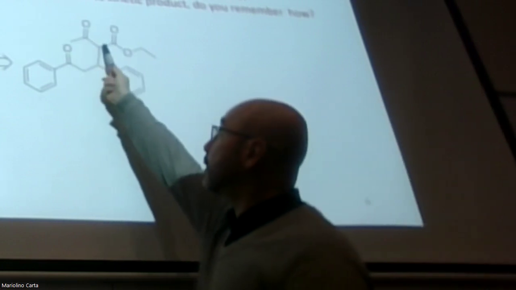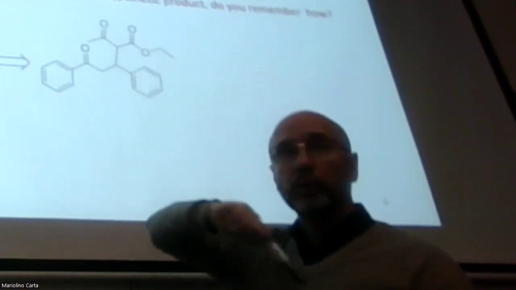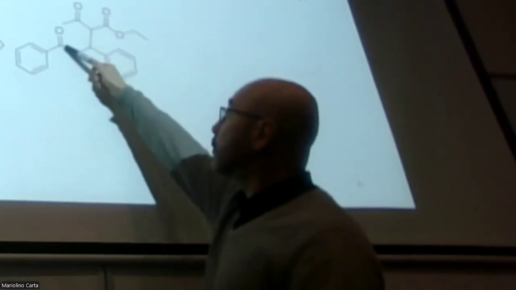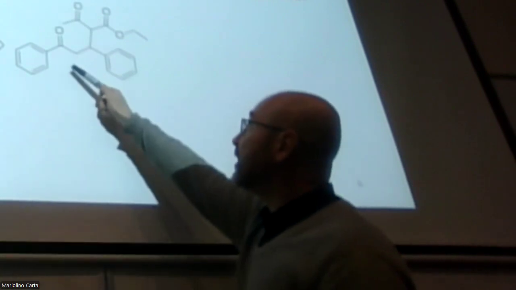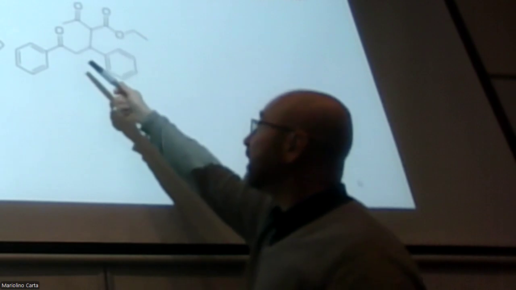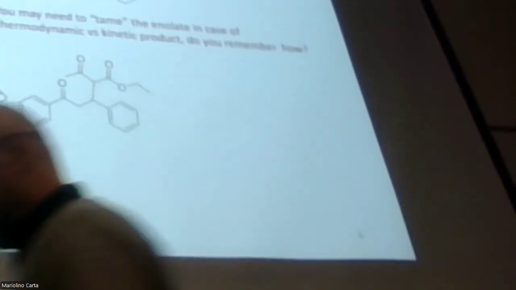Alpha protons here, alpha proton there, alpha protons there. Here, it will do the molecule that you want. Here, it will form a 4-member ring. No, no, no. Here, again, it can attack here, another 4-member ring. It can attack there, another 4-member ring. No way. You prefer to form a 6-member ring.